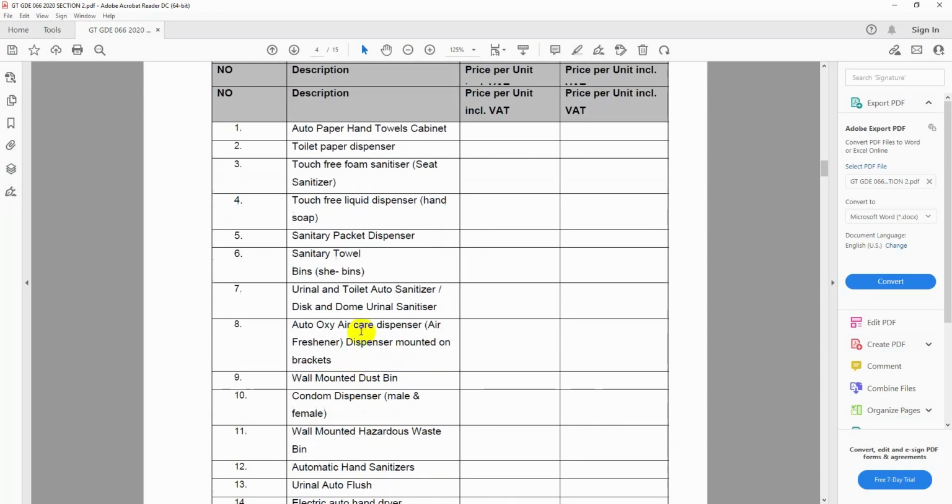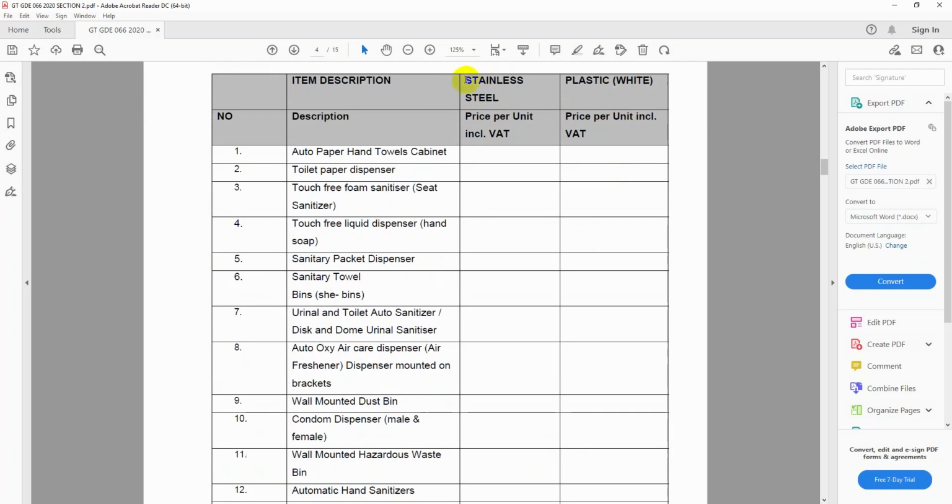This is what they want. They told you that they want other items in stainless steel, others are plastic, and the plastic is white. So the auto paper, what is the price of this auto paper hand cabinet, towel cabinet?